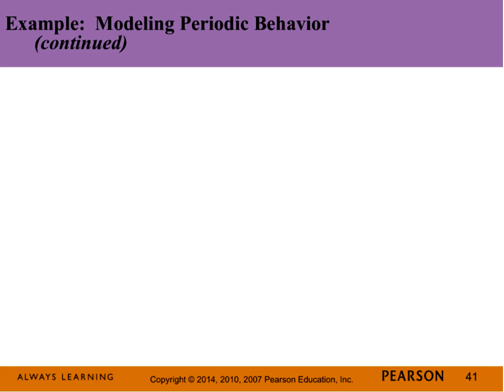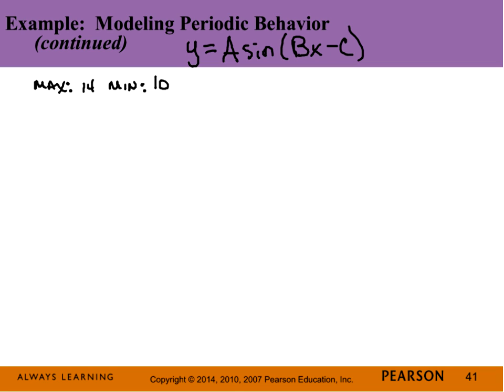Okay, so it's cyclic, which is why we can use the sine function here. So we have Y equals A times the sine of Bx minus C. We were told that our maximum hours of daylight was 14 and our minimum was 10, so this is going to be oscillating between 10 and 14.